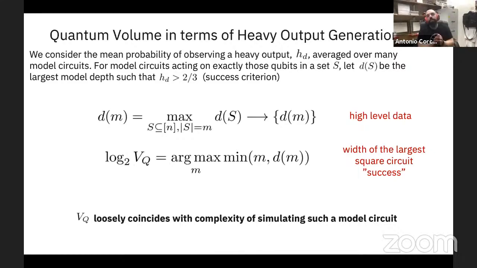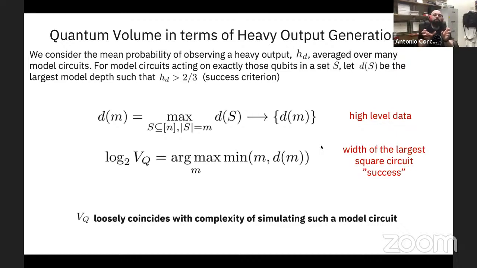And then once we have a given output for a circuit and with some heavy output, this slide is basically saying that we are going to choose the largest square circuit. So for each number of qubits m, we look at the depth that we can get for each set of m within your big system, and we look at the max depth for each of them, and then we look at the minimum between that number of qubits and the maximum depth.